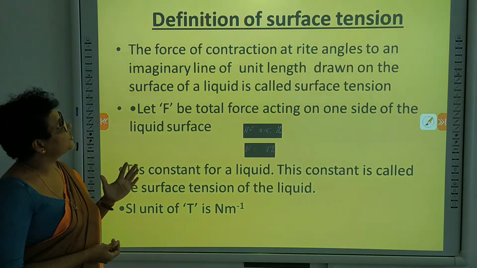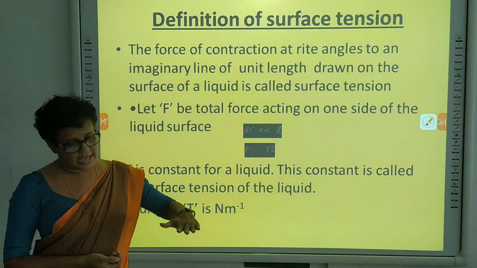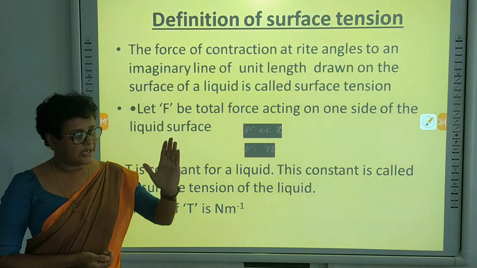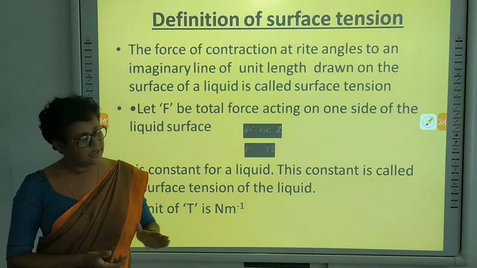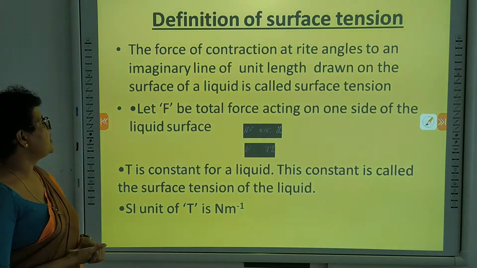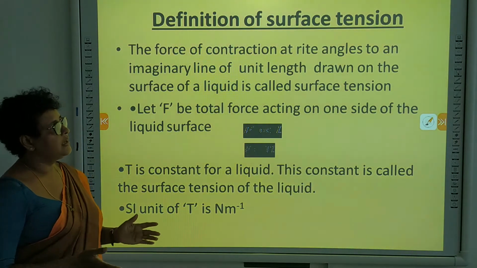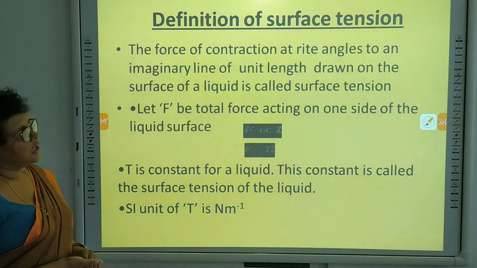Look here, the force of contraction at right angles. Now the surface is like this, horizontal, and you get only the tangential forces to the surface. The force of contraction at right angle to an imaginary line of unit length drawn on the surface of a liquid is called surface tension. Right?